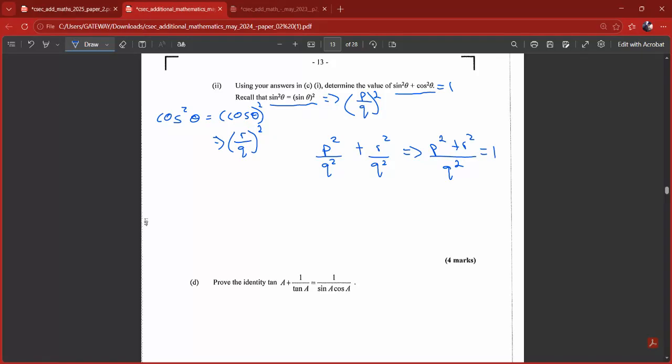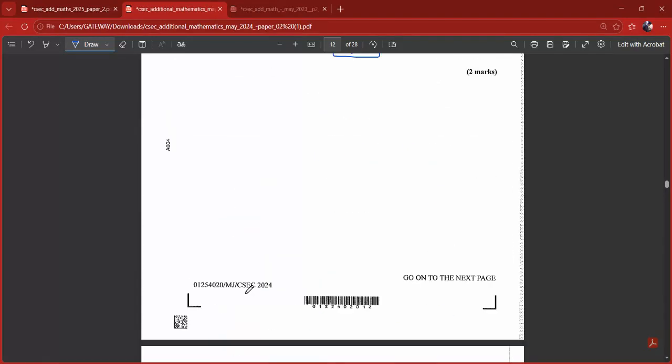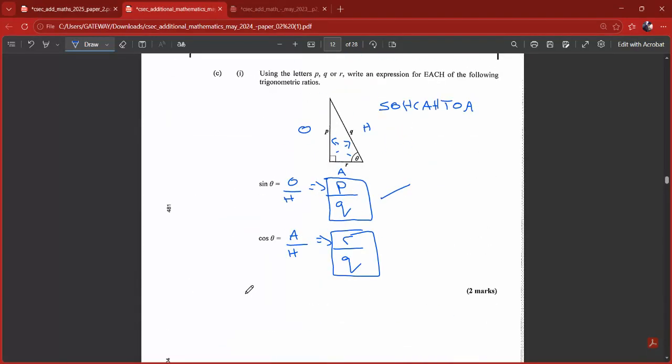Determine the value of this. Based on the identity, we know that this would be equal to 1 because sine squared theta plus cosine squared theta is equal to 1. But over here, if we apply Pythagoras theorem as well, we know that the hypotenuse squared, which is q squared, will be equal to the sum of the other sides where each term is squared. So that will be equal to p squared plus r squared.